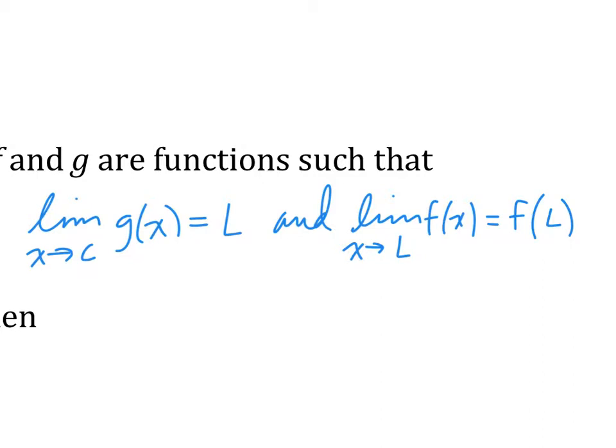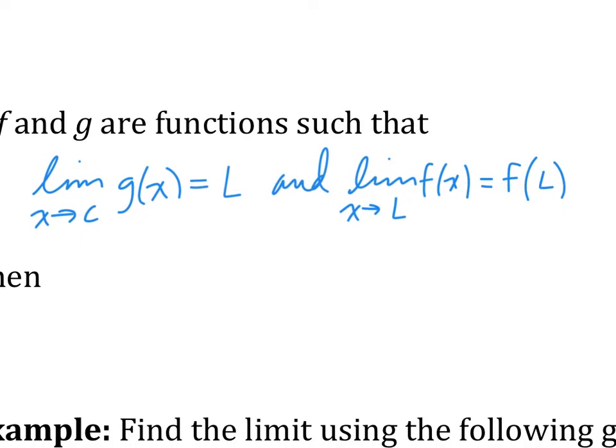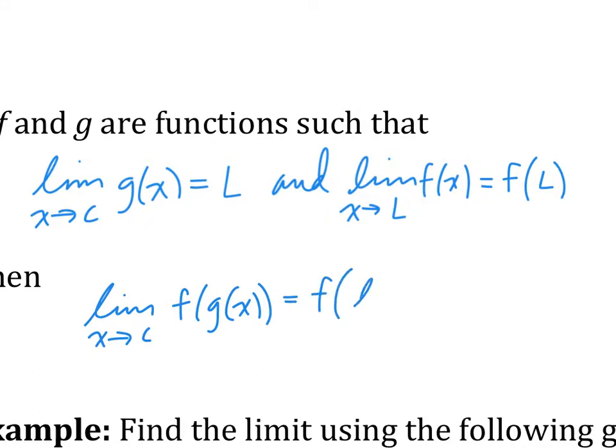When x is going to c in g, y goes to L. Now when x goes to L in f of x, it goes to f of L. Then the limit as x goes to c of f of g of x, so basically we're putting g inside f now, is equal to taking f and putting the limit outside the function, and that's equal to f of L. So what does that actually mean? Well, write it down first and I'll show you what it means.